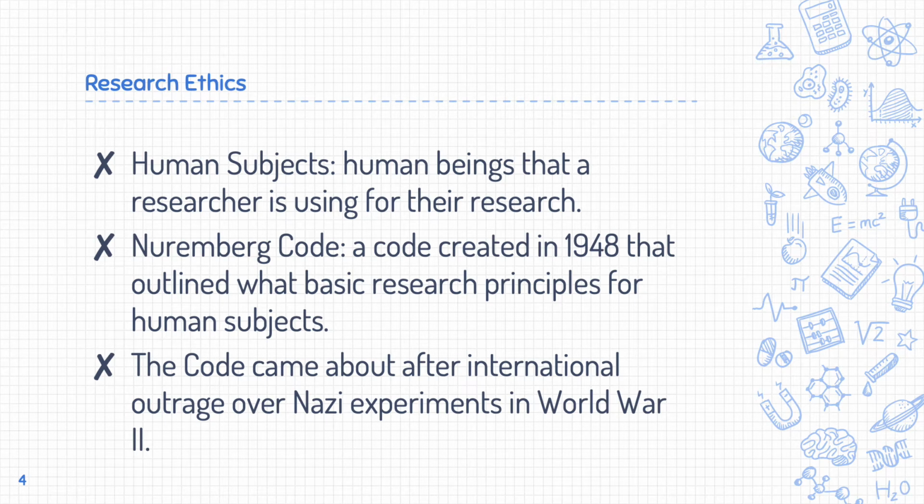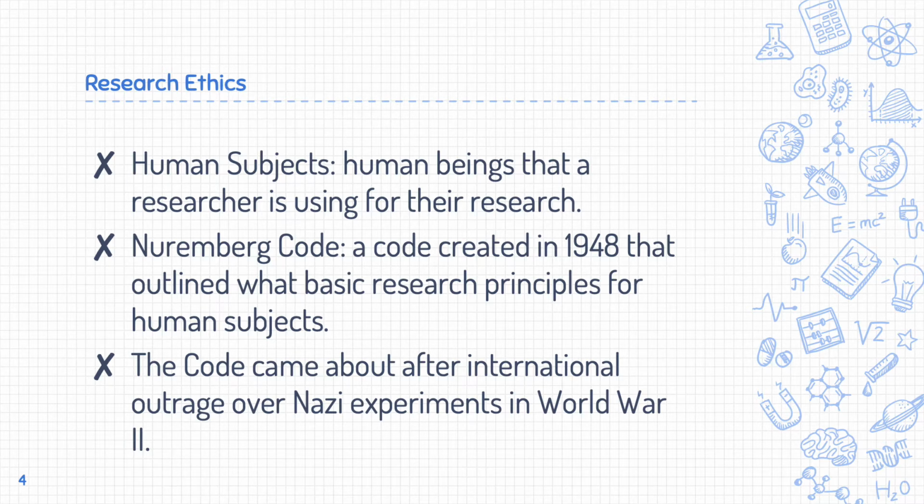When doing research, the most important thing is to make sure that the research is being conducted ethically, especially when it involves human subjects. So human subjects, that's just human beings that the researcher is using for their research project. Following World War II, the world became more aware of the experiments and research that the Nazi Party was conducting in Germany.